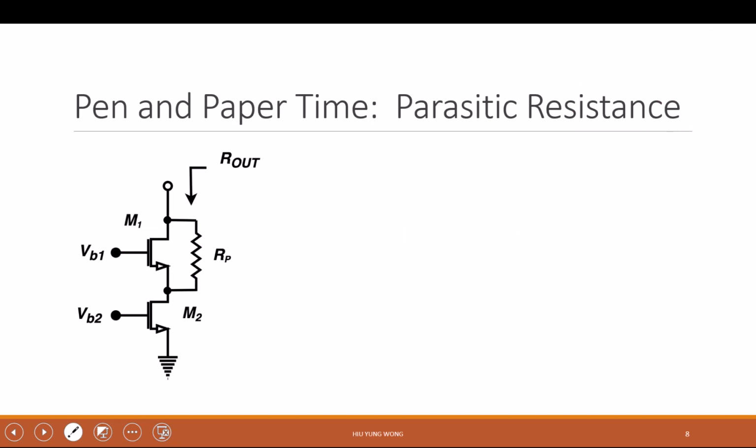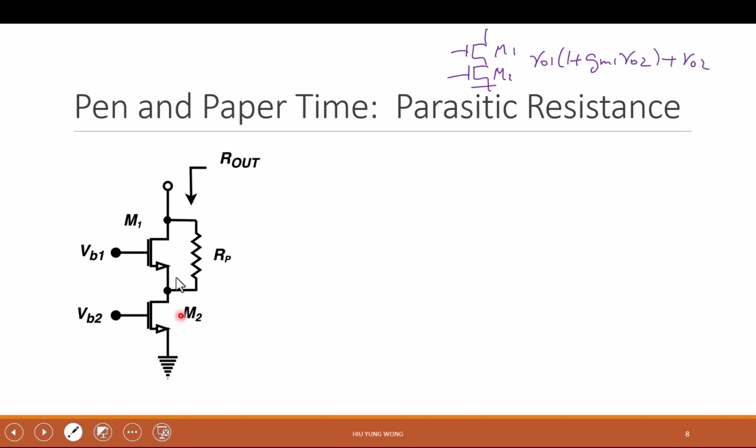So I give you 2 minutes. Okay, and I already told you that the output impedance of NMOS cascode, if this is M1, this is M2, is RO1 times (1 plus GM1, not GM2, RO2) plus RO2.